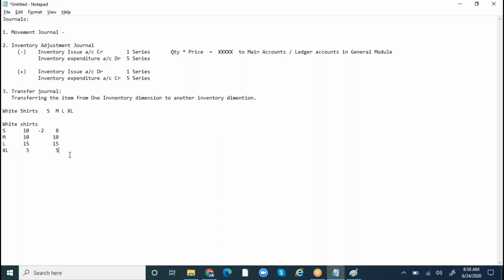Now while doing billing, instead of decreasing this quantity, they decreased the medium size item. A medium size white shirt was billed in this transaction in the system. So physically this quantity is available. This is the physical stock.